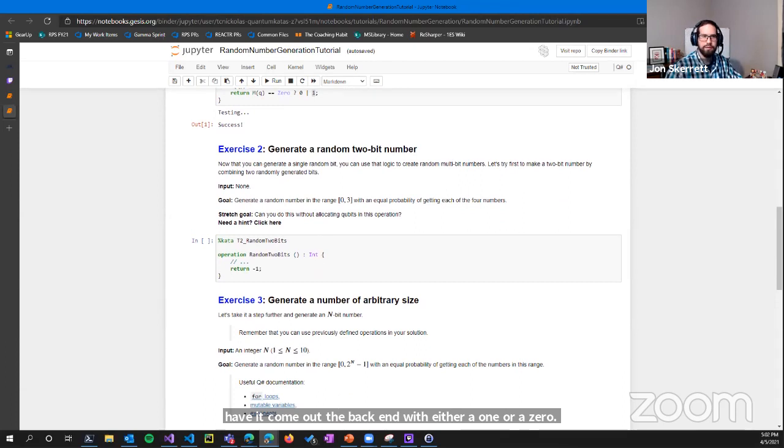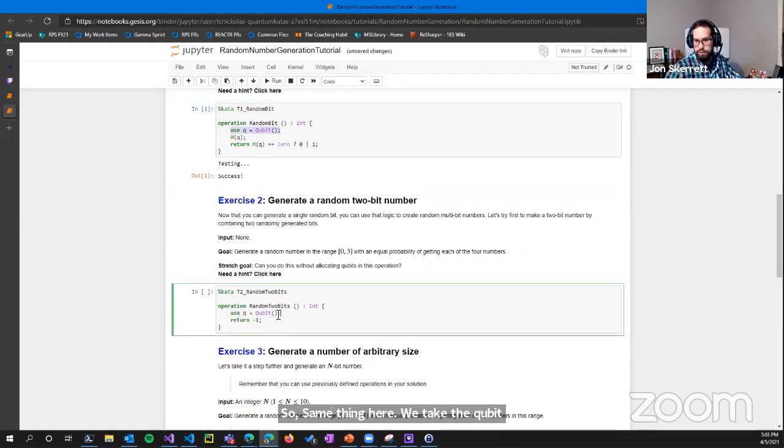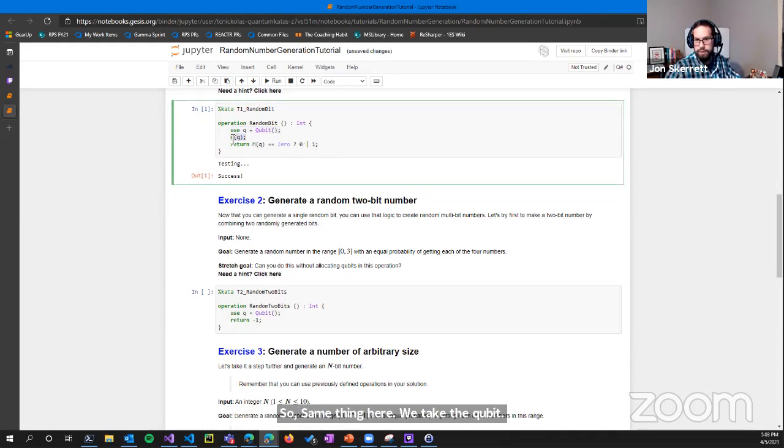So now that we've got that, we can basically do the same thing. We can take 2 bits, and then we can generate a random number in the range 0 to 3 with equal probability of getting each of the 4 numbers. So same thing here. We take the qubit, and then we can apply a Hadamard gate to it.